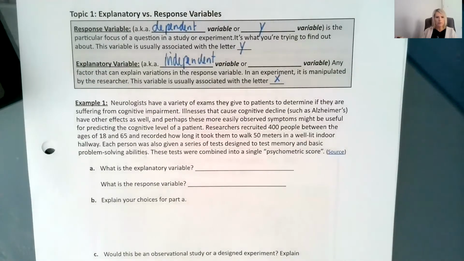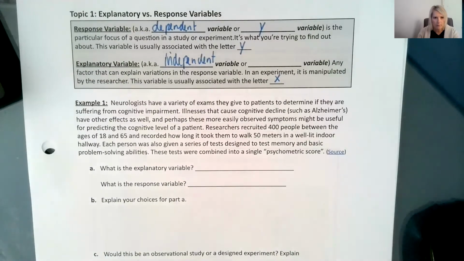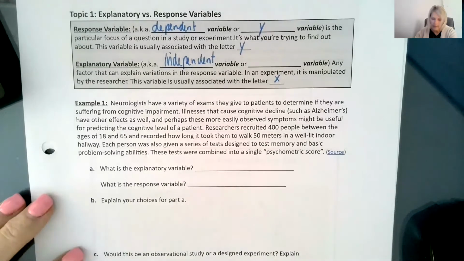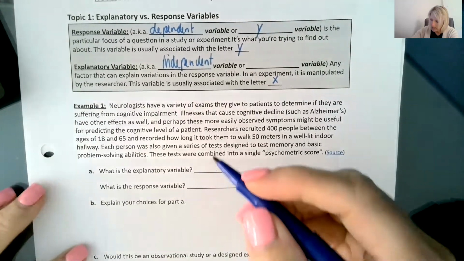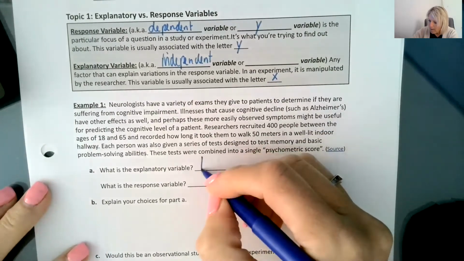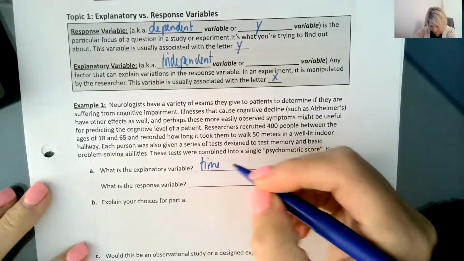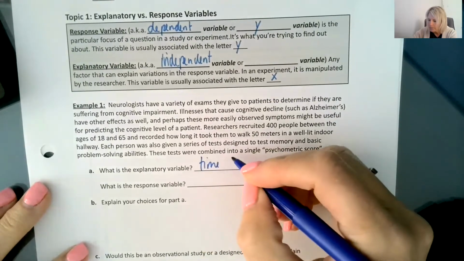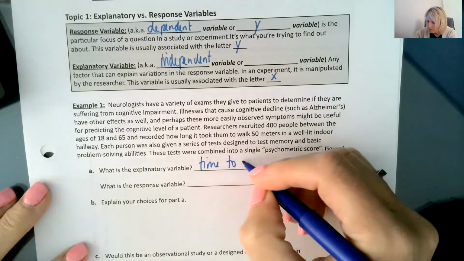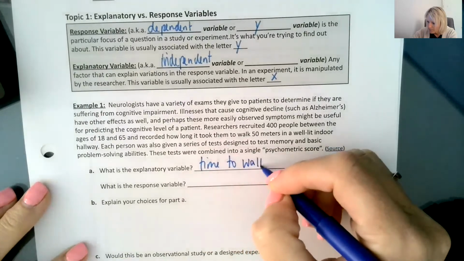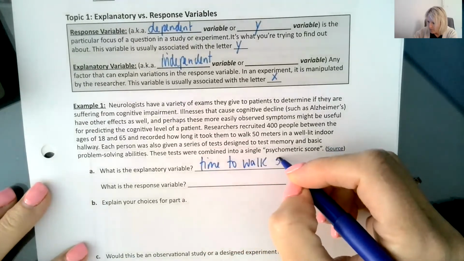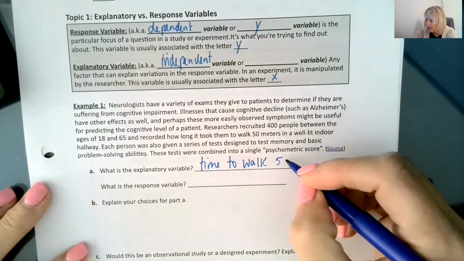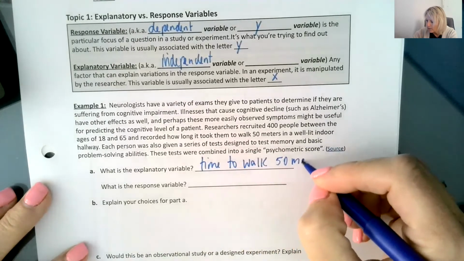Now that you've had a moment to read through this, we want to find out what is the explanatory variable that neurologists are researching. And that would be the time to walk the 50 meters.